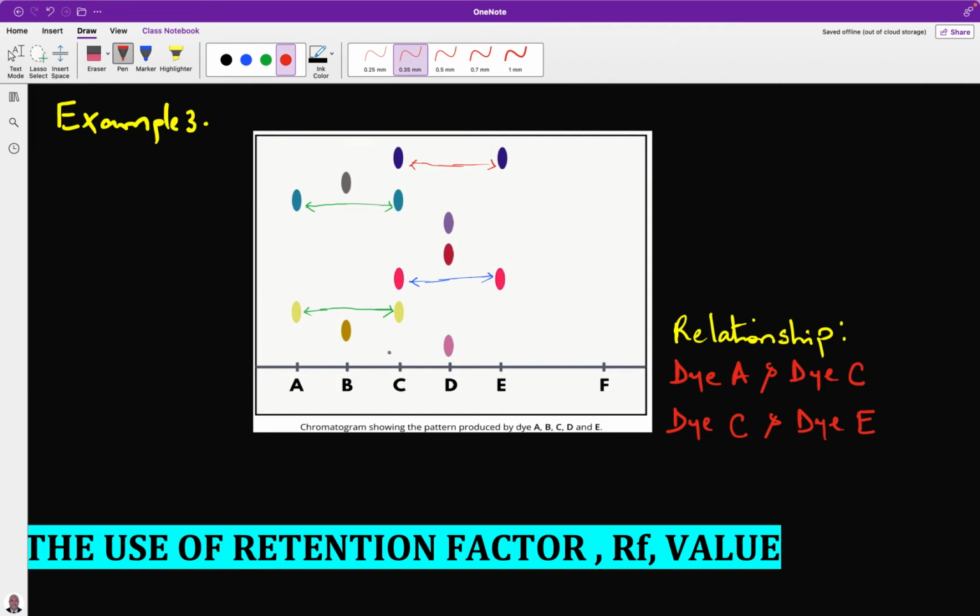Is only B. B is the only one that has components that are not present in A, C, D, and E.